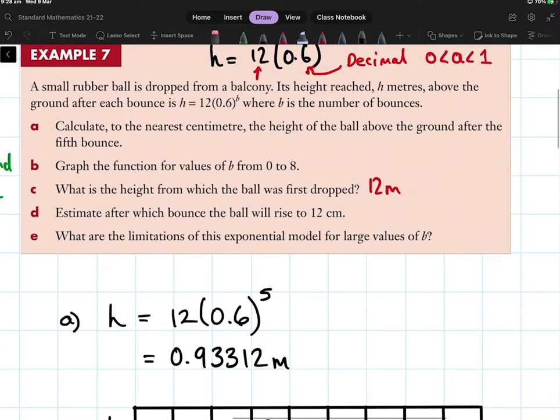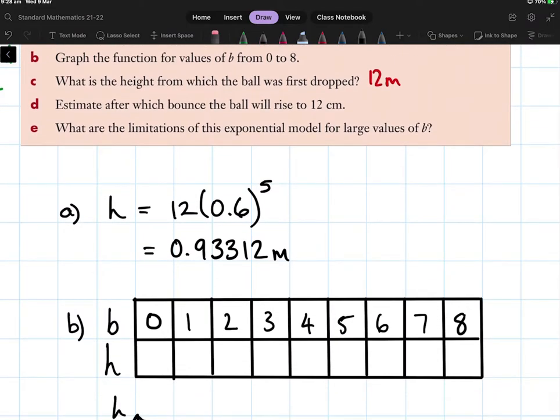It asks for the nearest centimeter, so remember, I need to multiply that by 100. Multiplying by 100, I move it 2 decimal spots, so I'm going to end up with 93.3, which equals 93 centimeters.